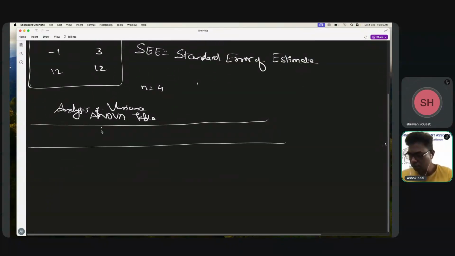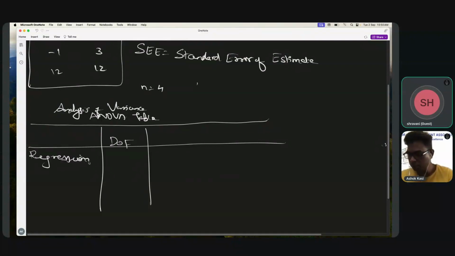Under this table, we will have degree of freedom. Then here, left hand side, we have regression. What is this? You will come to know in some time. Regression, which is also called explained variation. I'm using the word variation, not variance. What is the difference? You will come to know.